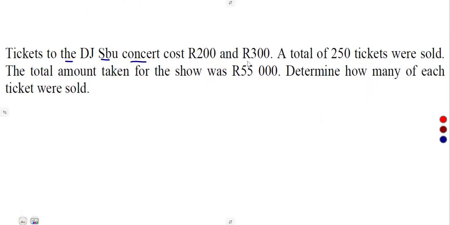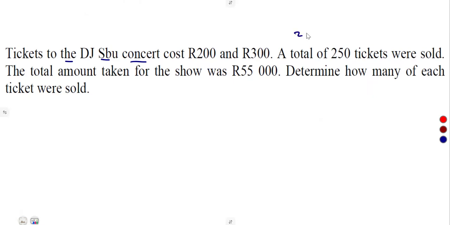So there are two different types. It's okay, guys, like you are going to a show or any activity. Remember, there is also the VIP. So maybe this is for the ordinary, and this is for the VIP. We do not know. But there are two different tickets.